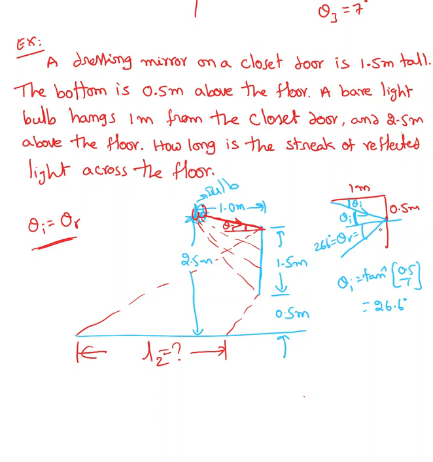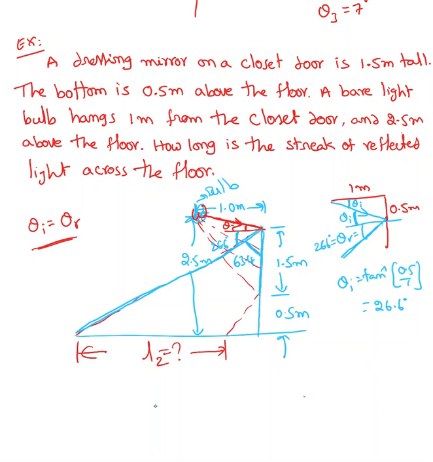Now for this light ray, this blue line, I know this angle is 26.6 degrees. So what is this other angle? It must be 63.4. I know this height, which is 2 meters.